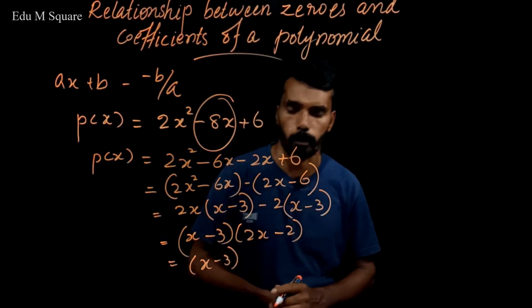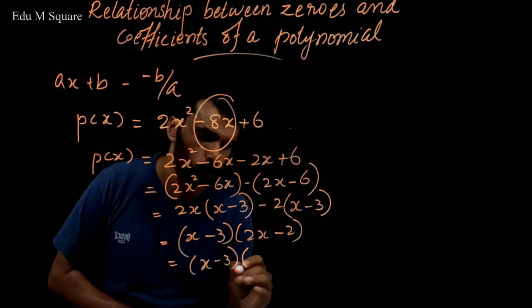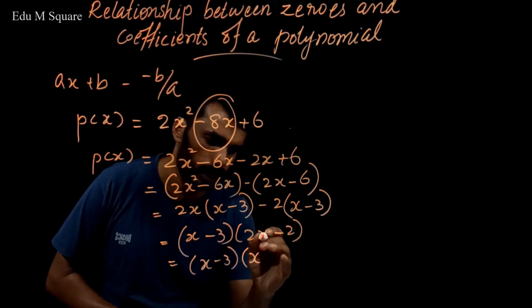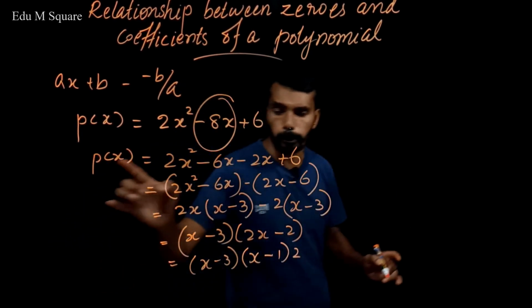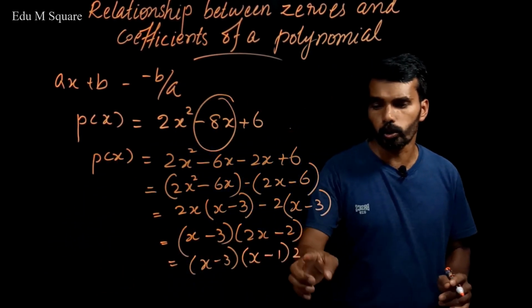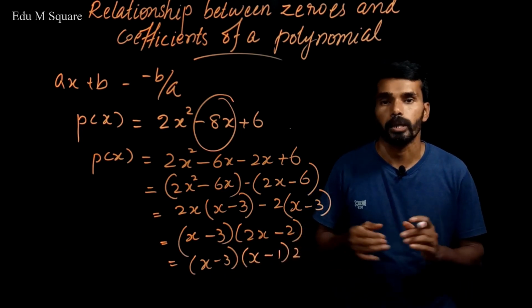Again 2 is common there. So we take that 2 outside, remaining x minus 1. So p of x is equal to 2 into x minus 3 into x minus 1.